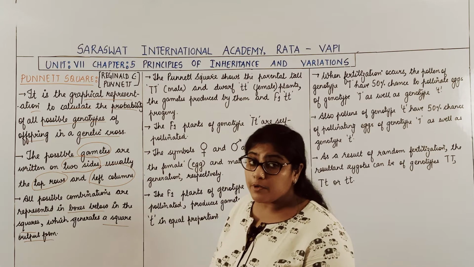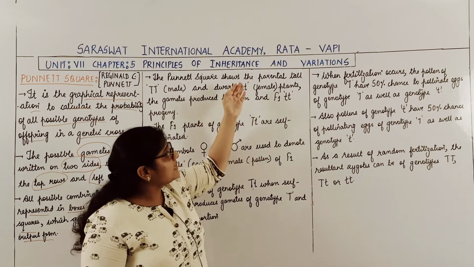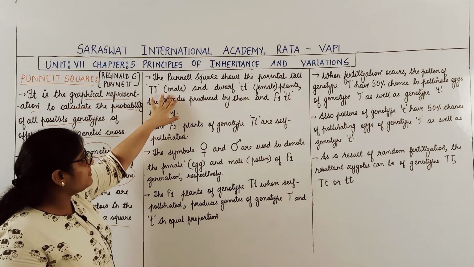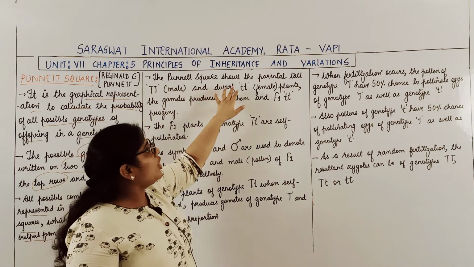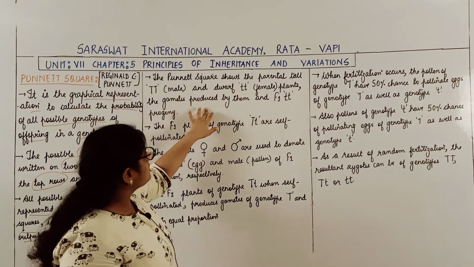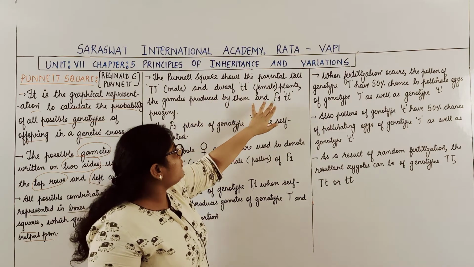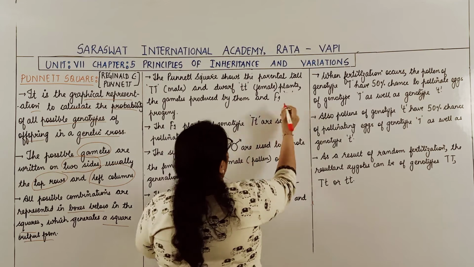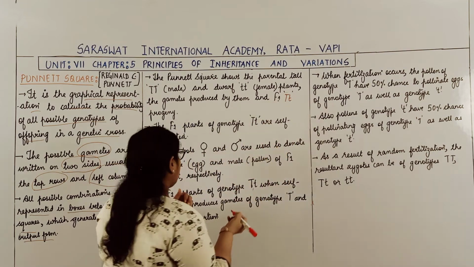Now, the Punnett square shows the parental tall, say for example capital T male, and dwarf small t female plants, the gametes produced by them, and the F1 capital T, small t progeny.